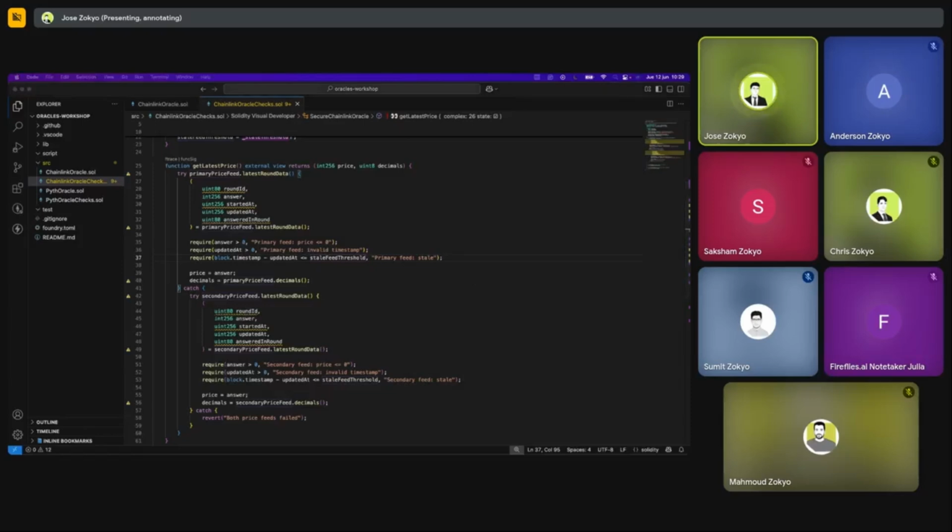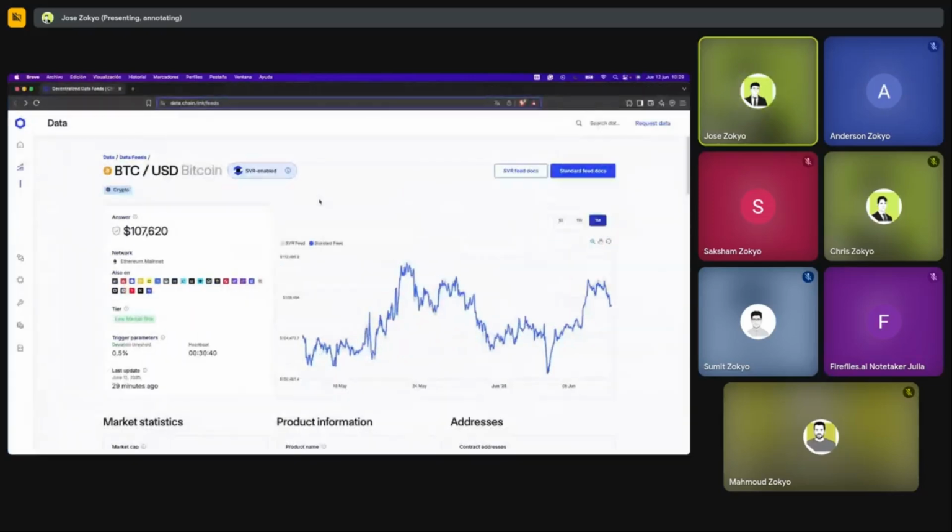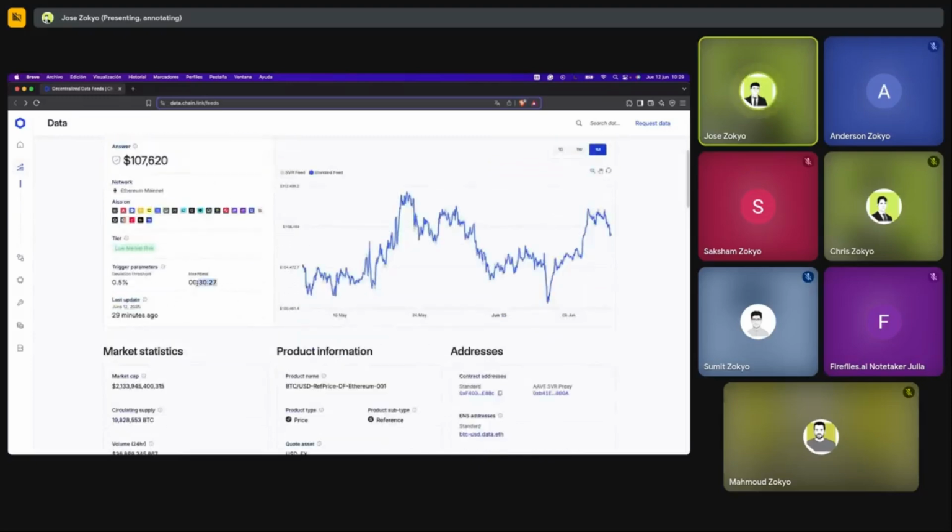So you go to a price feed from Chainlink, for example here we have selected Bitcoin and USD, and you have the heartbeat, which is the frequency of publishing.